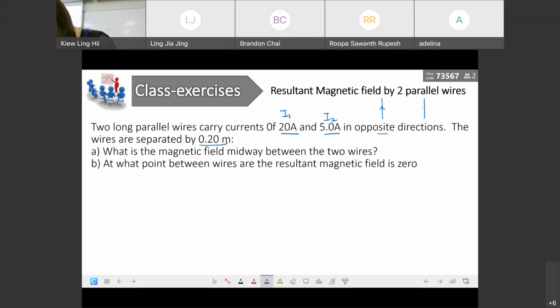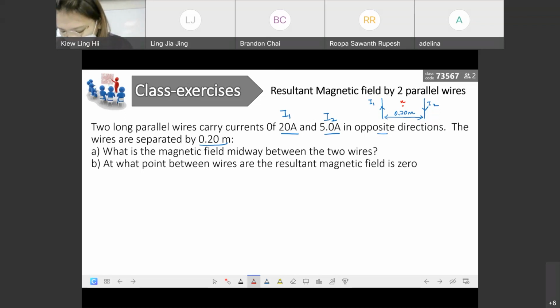So let's say this is I1, I2, and the distance between them is 0.2 meter. Find the magnetic field midway, meaning at the center. Let's say this is point X. Using the same method to look for B1 and B2: B1 is the magnetic field generated by I1, B2 is the magnetic field generated by I2.